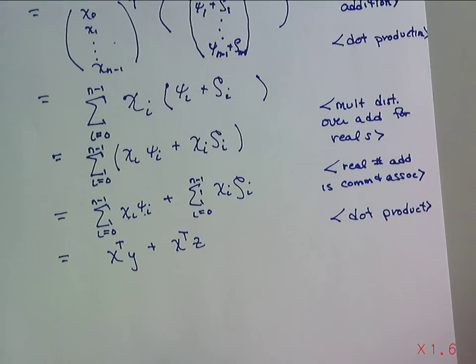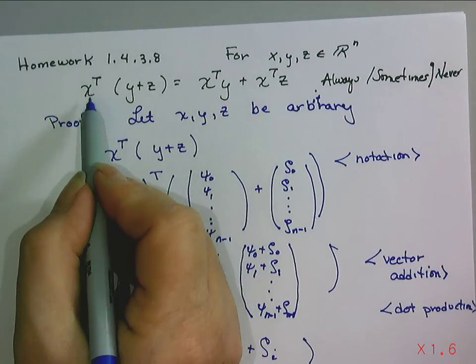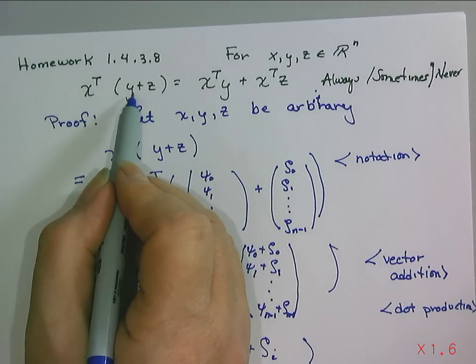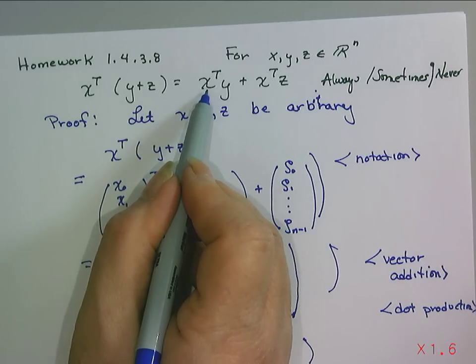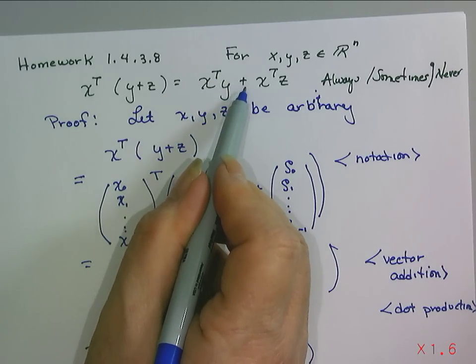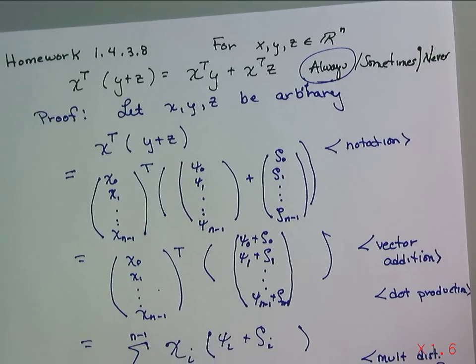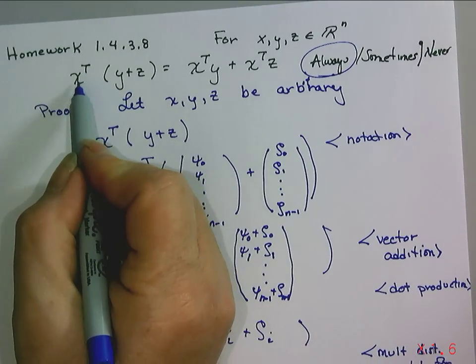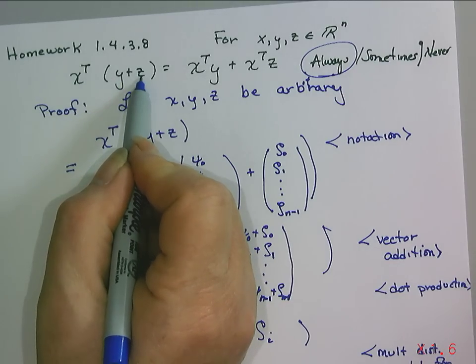So what do we know? We know that when we started with x transpose times the quantity y plus z, we ended up with this always equaling the dot product of x with y plus x with z. It's always true. We could describe this as dot product distributes over vector addition.